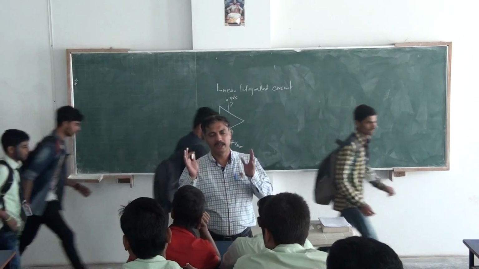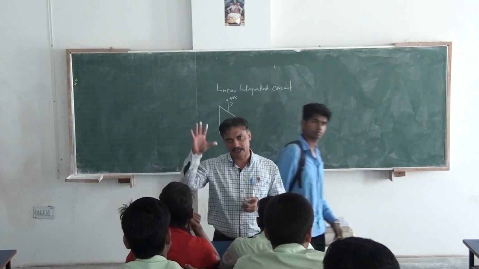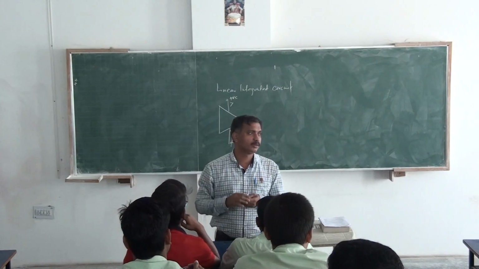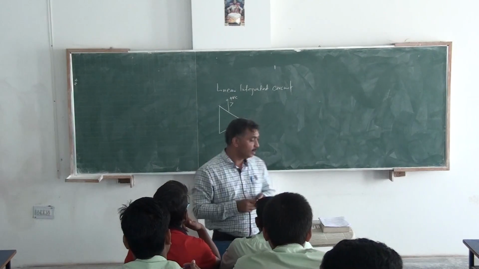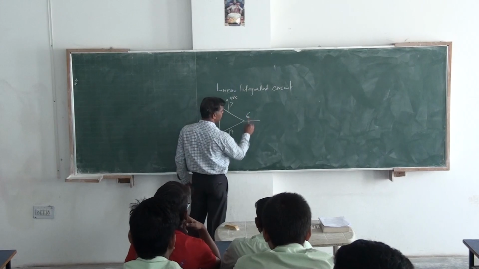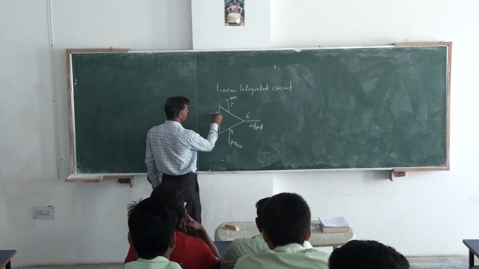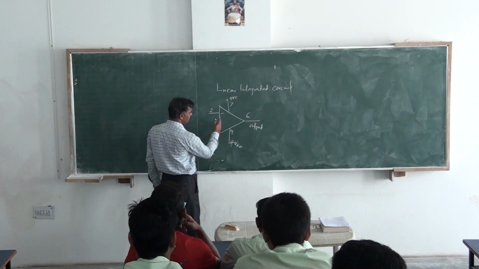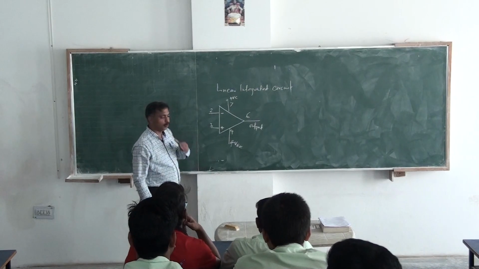For any operational amplifier or any transistor or any amplifier, you need to bias the transistor for proper functioning of the op-amp or amplifier. Then pin number 6 is used as the output. Pin number 2 is used as the inverting terminal, and pin number 3 is used as the non-inverting input.